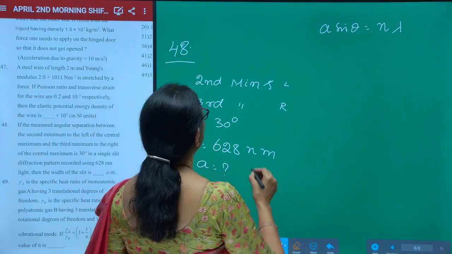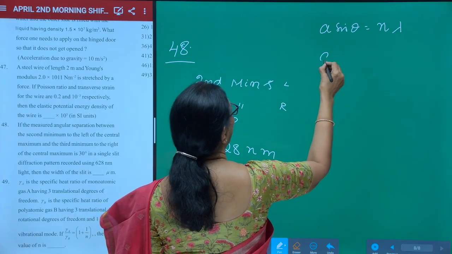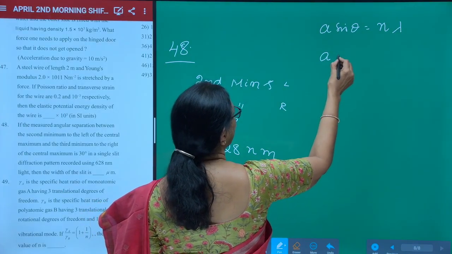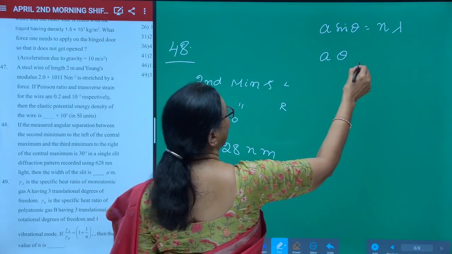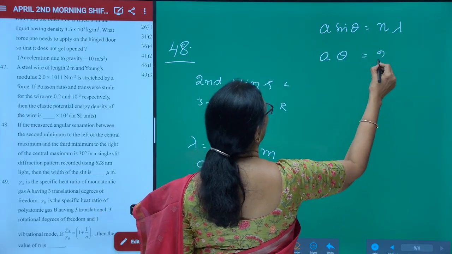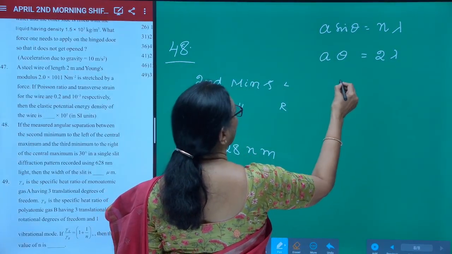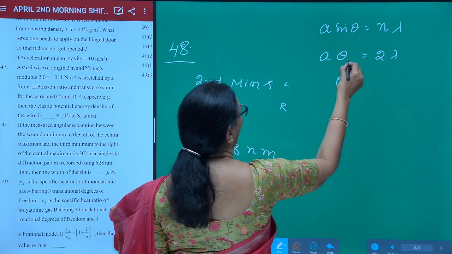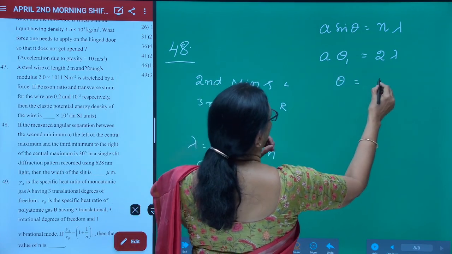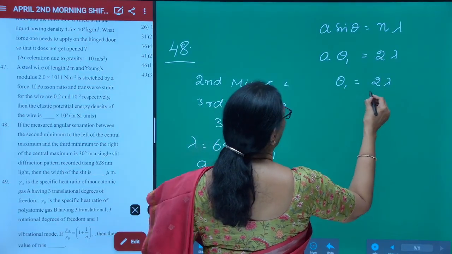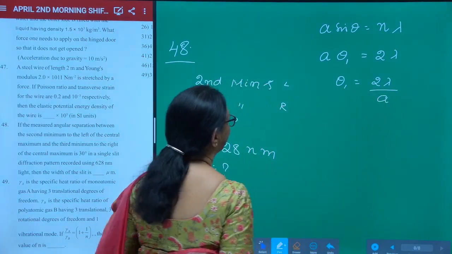So, here second minimum is A. When theta is considered as small, A theta is equal to 2 lambda, right. So, theta 1 is equal to 2 lambda by A.